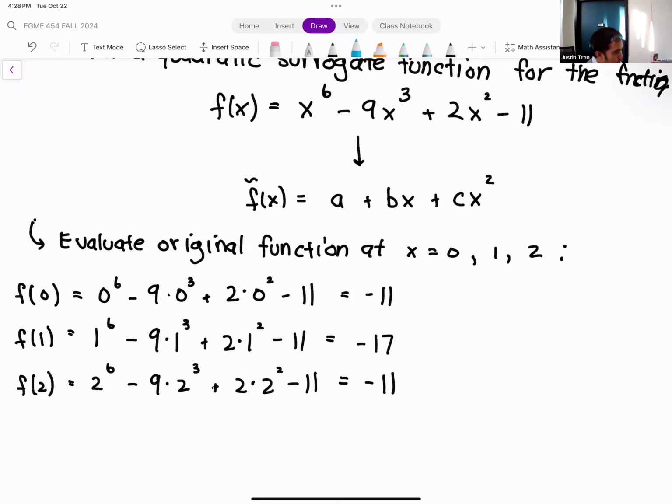Okay. So now that we have these three function evaluations, we can also evaluate our surrogate function at these three locations as well.